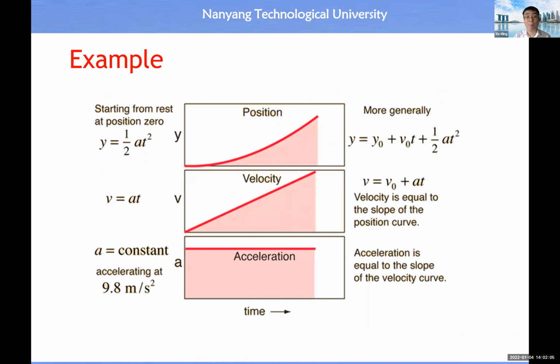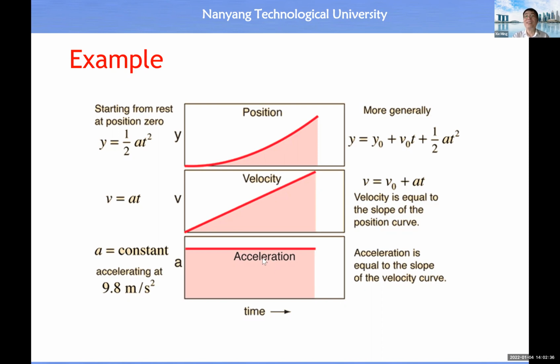And here is an example. Let's say for whatever reason, we know the recorded time function of a position, then it should be good enough. Then we can determine what is velocity, what is acceleration. Or for whatever reason, we know the recorded time function of a velocity, it should be good enough. Then we can calculate acceleration. And in this case, velocity is linearly increasing.